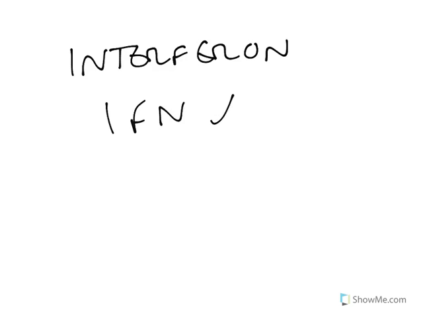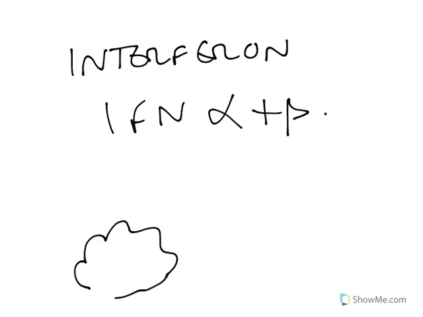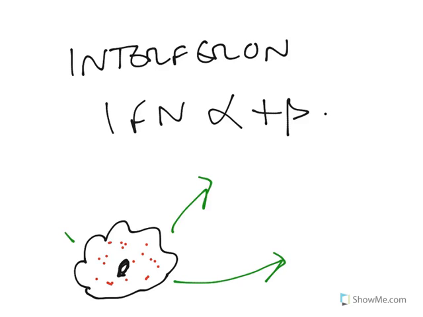And these interferons are released following viral infections. And essentially they do a number of different things. So imagine that we've got here a virally infected cell which is filled with viral particles here. The cell is about to die anyway. And what this cell does is it releases a whole load of interferon. And this interferon does a number of different things.